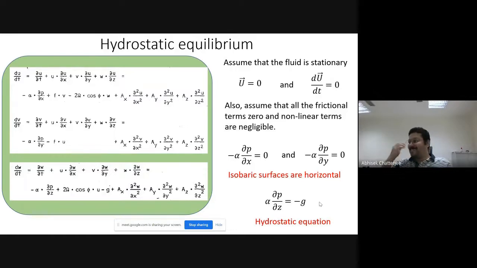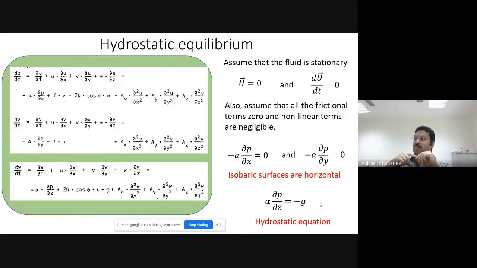It happens because, you remember I told you that we have to put our coordinate axis at the surface of the ocean. Okay, that's where our coordinate axis is. So if it is the surface of the ocean, then Z is upward to the atmosphere.